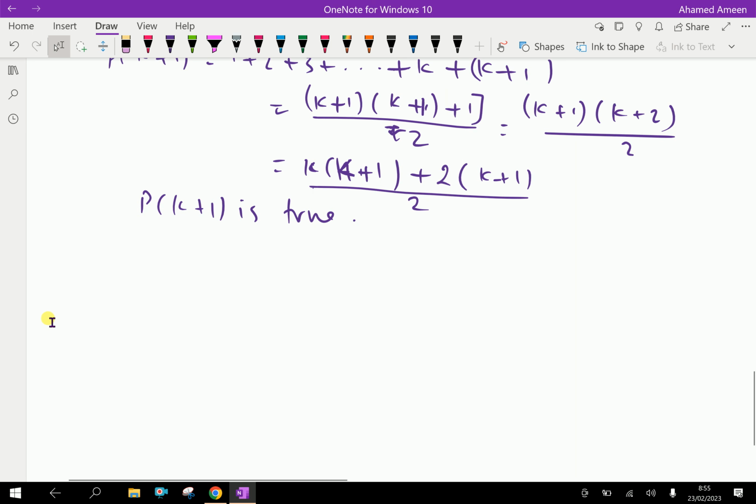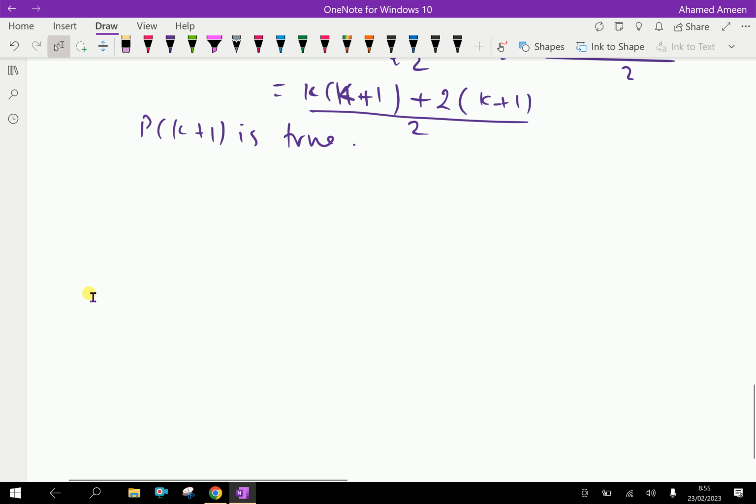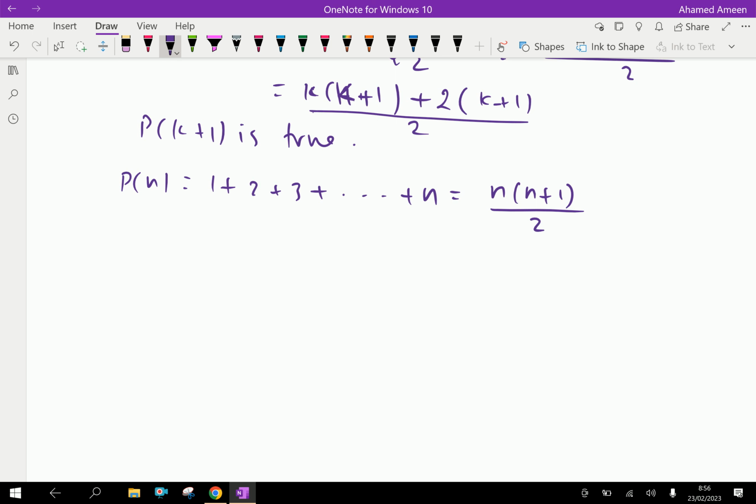From this discussion, we can say P of n, which is 1 plus 2 plus 3 up to n, equals n into n plus 1 by 2 for all positive integers n.